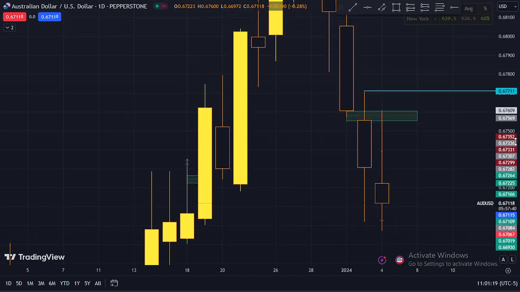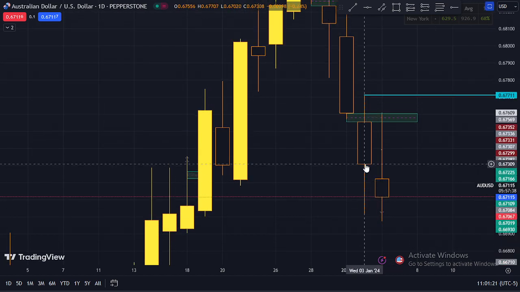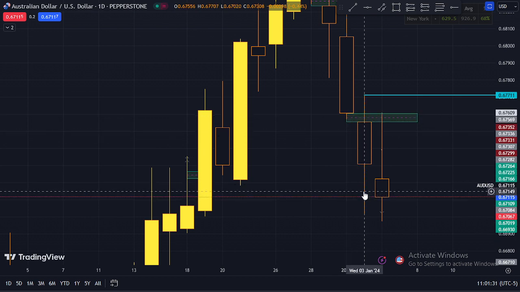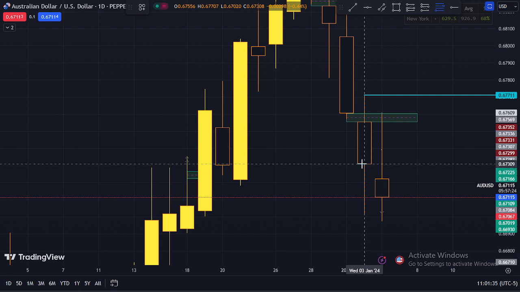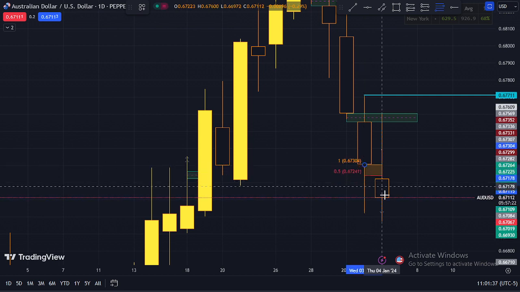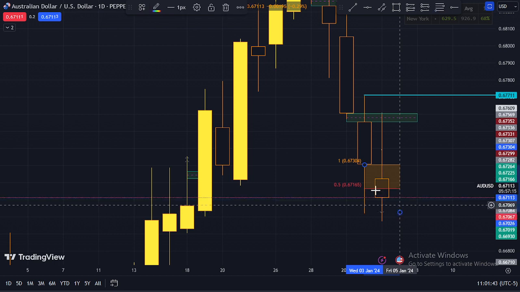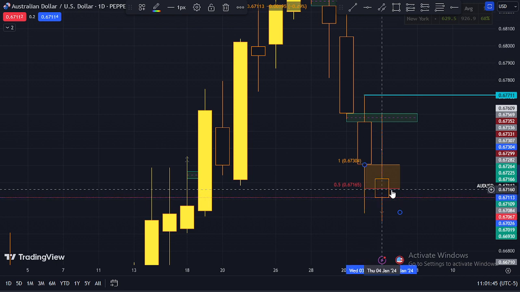This could have been your target, the midpoint of this week, because we treat weeks the same way we treat gaps. So you take your fib, anchor it to the high and to the low, right there. As you can see, that is the midpoint.